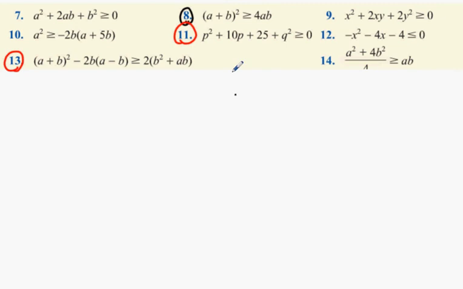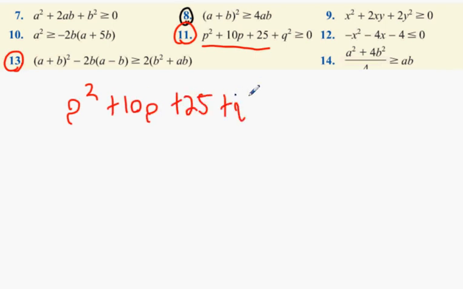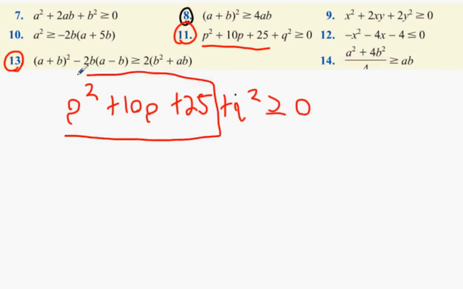this is a good trick here. If I just look at the first part, okay, just ignore the q squared for a minute. I'm just very interested in this part. It looks very much like a quadratic equation to me. Sorry? Reference is plus 25. So what then?